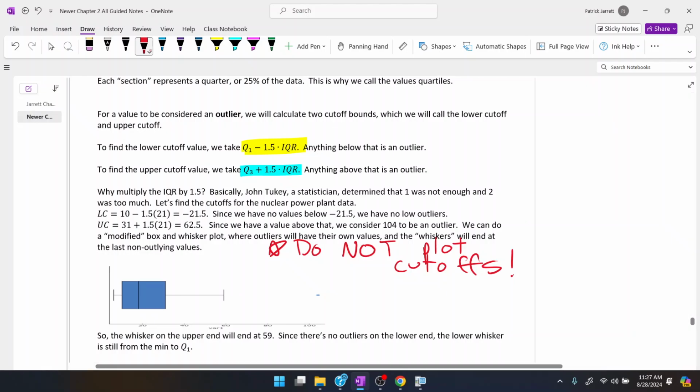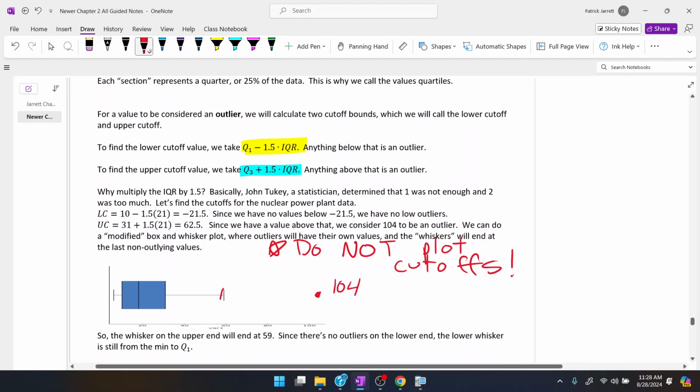Q3 minus Q1. That's your IQR. So, Q3 minus Q1 is going to be your IQR. So, here's the thing. We had no low outliers, so the whisker is going to end here. However, 104 got its own thing.